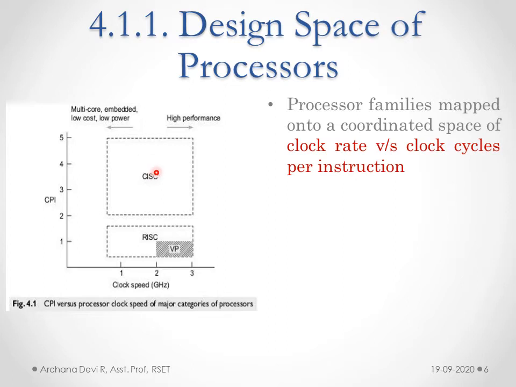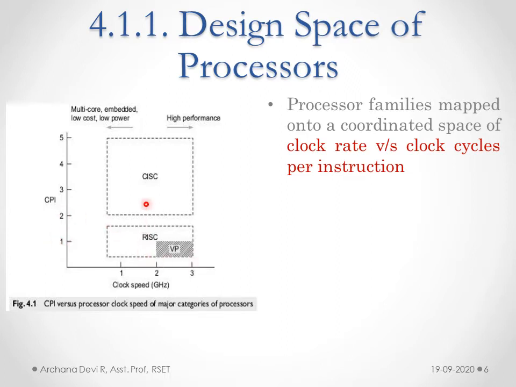And in this diagram, they have mainly shown the classification for CISC and RISC processors. So as you can see, CISC processors have CPI starting from 2 onwards and it goes on. Whereas for RISC processors, the number of clock cycles per instruction is low. It's mostly between 1 and 2.